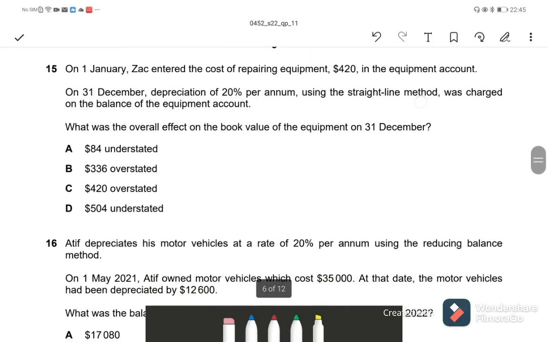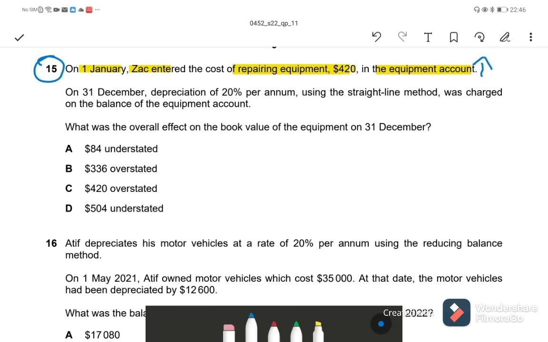Next, question number 15. On 1st January, Zach entered the cost of repairing equipment, 420, in the equipment account. This is the error. What will happen? Equipment will be overstated by 420.